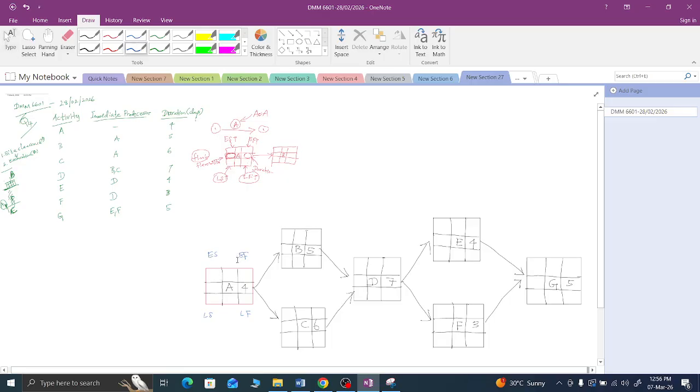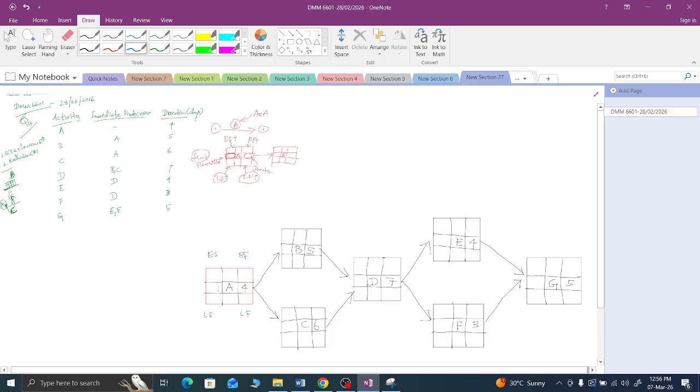If the question asks, you have to write an early start time column, early finish time column, latest start time column and latest finish time column, 4 columns, and write all the values there, with A, B, C, D and the activities on this side, and you will get full marks, right? That is the question they gave here as the second question. So you can get the full 5 marks there.